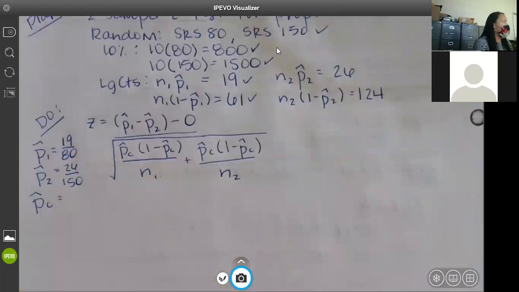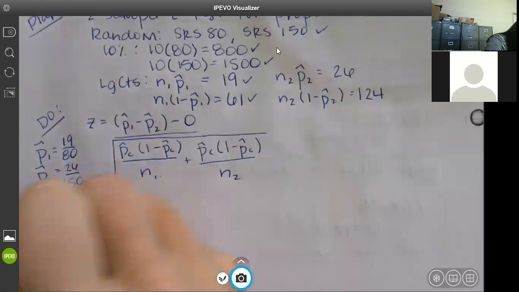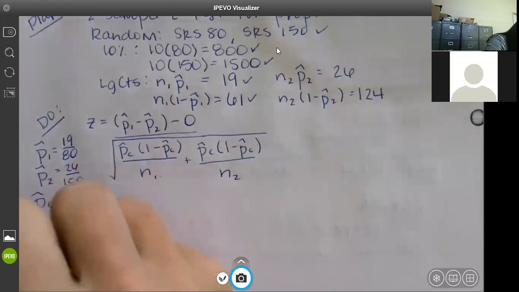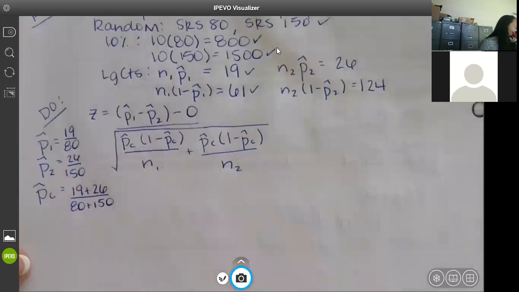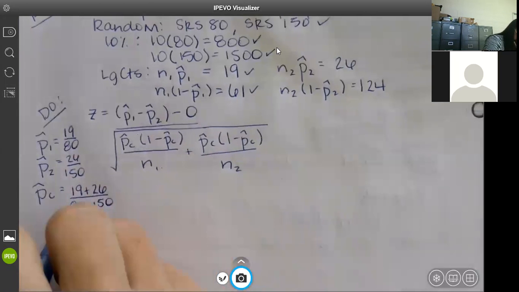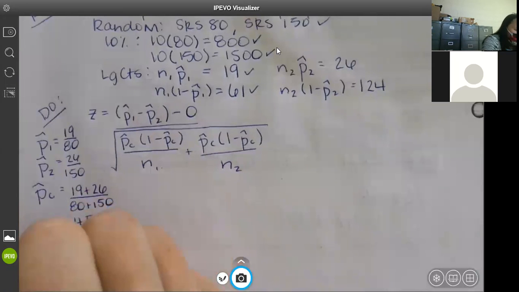Understand that. You're adding up all of your kids that had not eaten breakfast in all of your sample. So it's going to look like this: 19 plus 26 had not eaten breakfast out of your samples of 80 and 150. So those are what you're combining. And that will give you 45 out of 230.